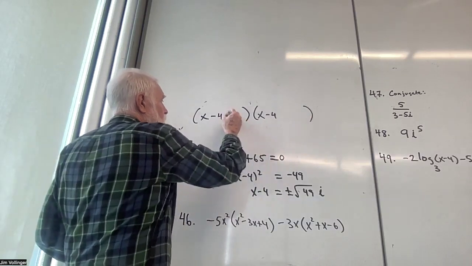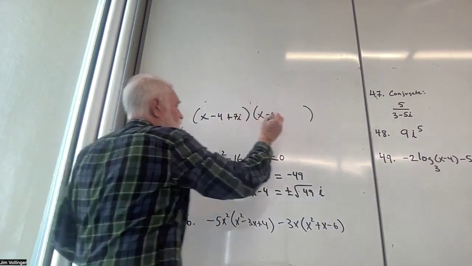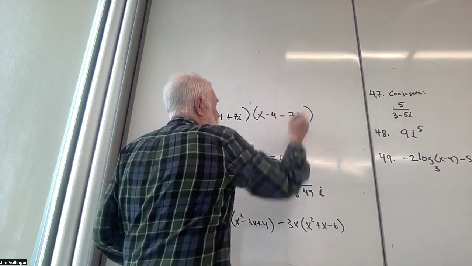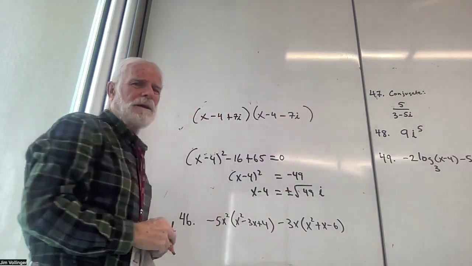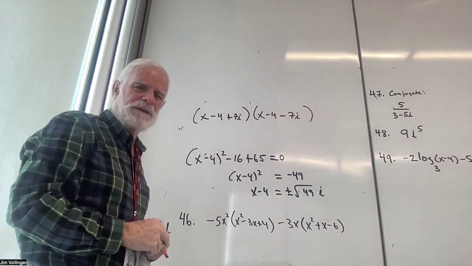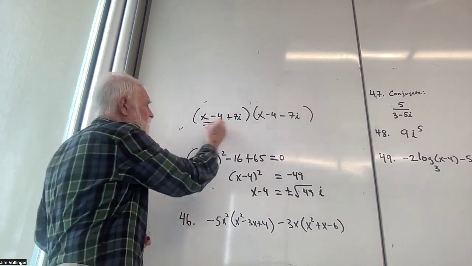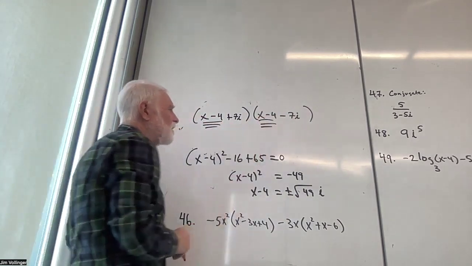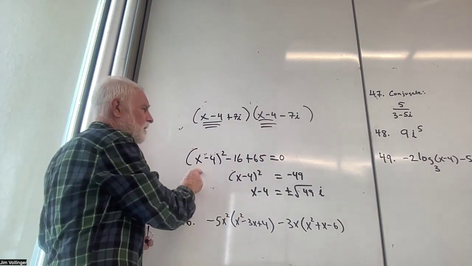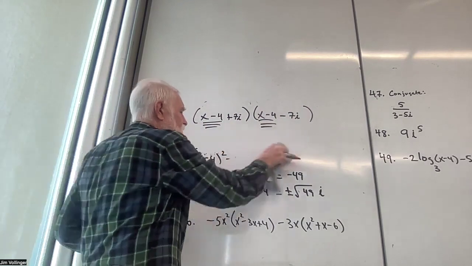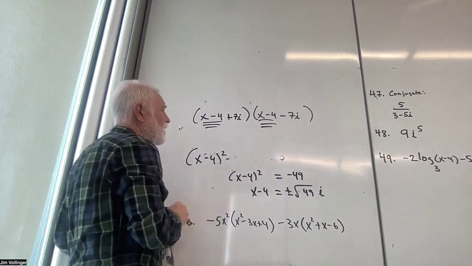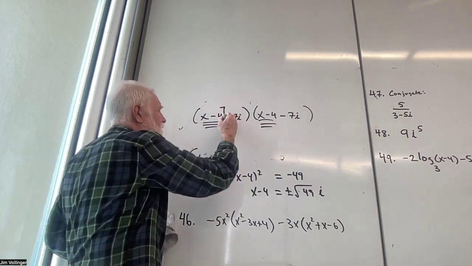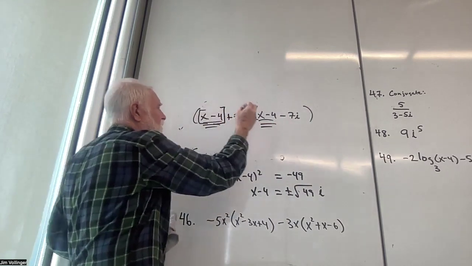So let's do plus 7i, make it like a conjugate, minus 7i. I always felt like that was a little hard for folks to generally see. Maybe it isn't if you underline the x minus 4 and the x minus 4. That was this part, right? And then you have what? No middle terms with that. If you think about this as an entity, maybe.